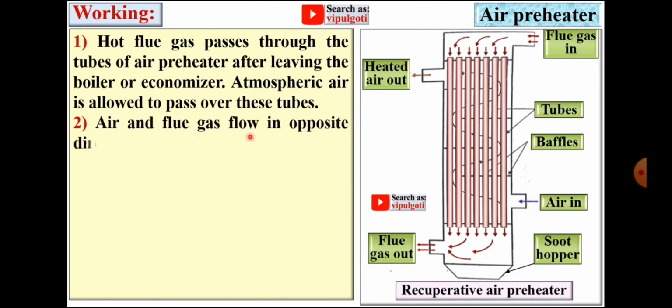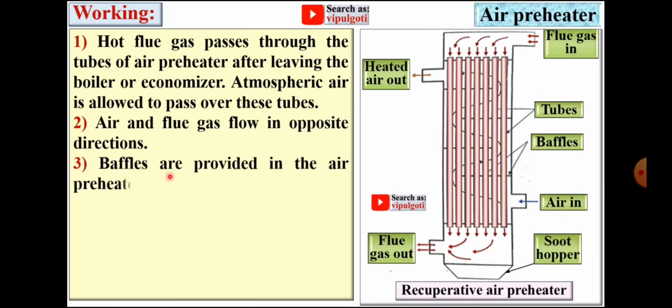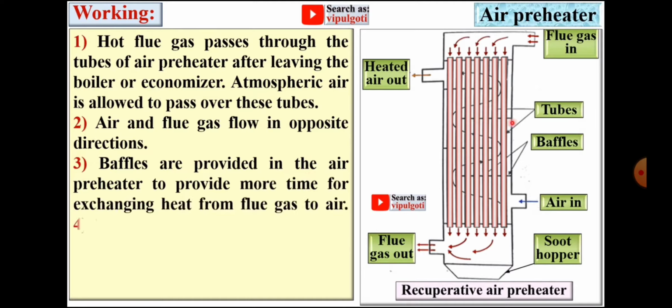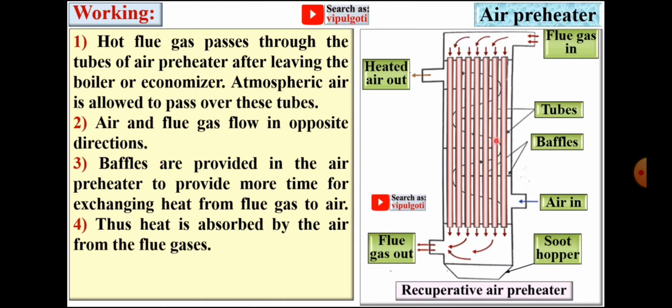Air and flue gas flow in opposite directions. Here you can see the flue gases are in downward direction, whereas air is in upward direction. Baffles are provided in the air preheater to provide more time for exchanging heat from flue gas to air.